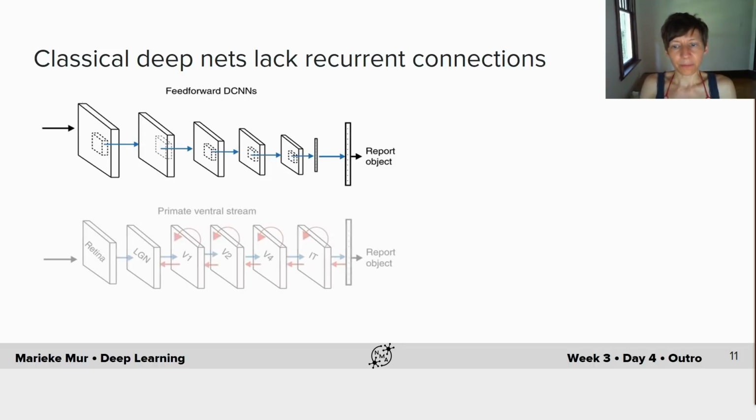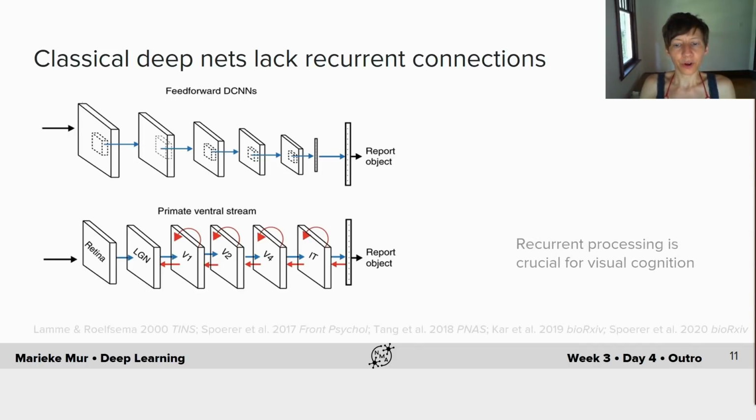In the brain, however, there's an abundance of recurrent connections, here indicated in red, which allow back and forth message passing between neurons. This schematic shows lateral connections, which allow message passing within a brain region, and top-down connections, which can carry feedback signals from higher to lower level regions.